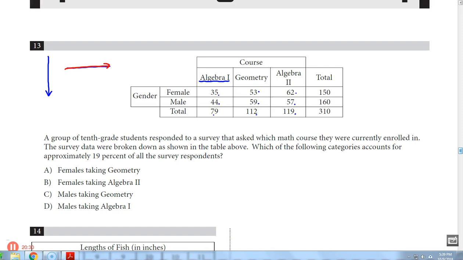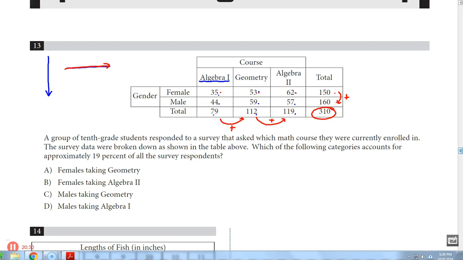So females, that I have algebra females, geometry females, Algebra 2 females, for a total of 150 females. Looks like I had 160 males. And then this number in the corner should be the sum of these numbers, and it should be the sum of those numbers. So that corner number is everybody, the whole survey.